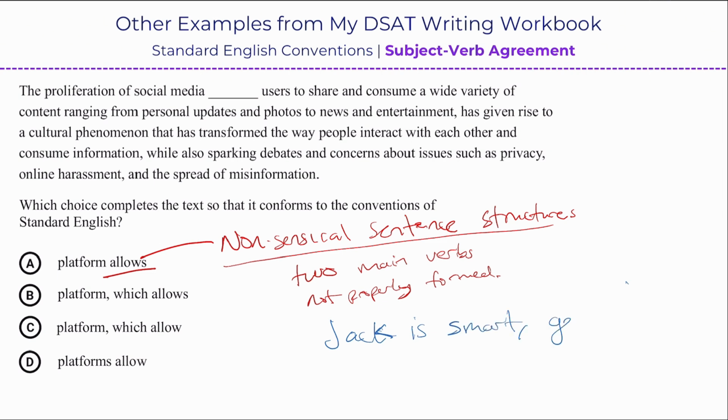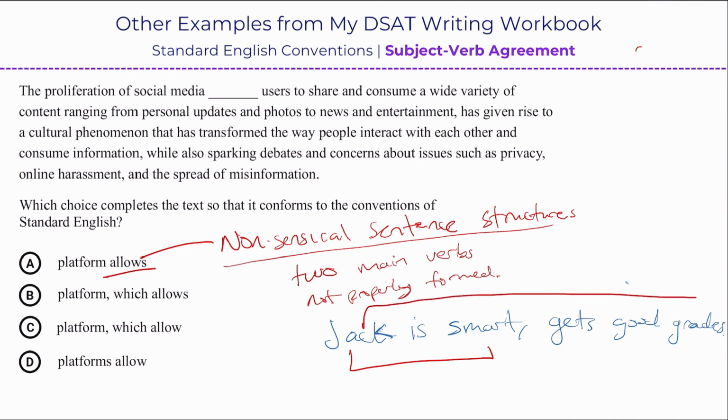So it's okay to say Jack is smart as one sentence. It's also okay to say Jack gets good grades as another sentence. But it's not okay to say Jack is smart, gets good grades, right? There's nowhere in the English language that this makes sense, right? This is where you have two main verbs, is and gets. That's not properly structured, right?